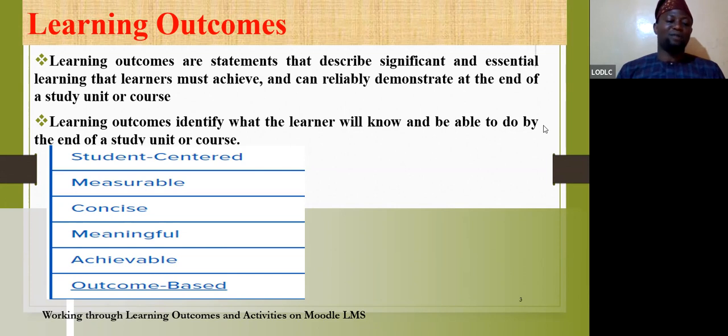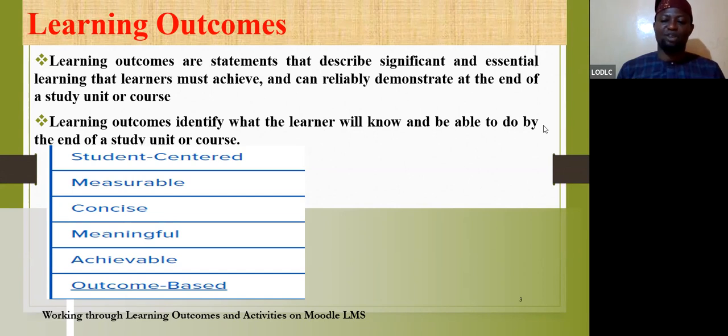Then, last but not the least, learning outcomes have to be what? Outcome-based, in the sense that they should specify the skills and knowledge that the student must demonstrate to prove mastery, instead of focusing on the assignment format or quizzes and some other things. So those are the essential elements of the learning outcomes.